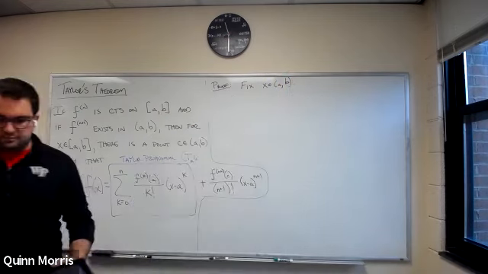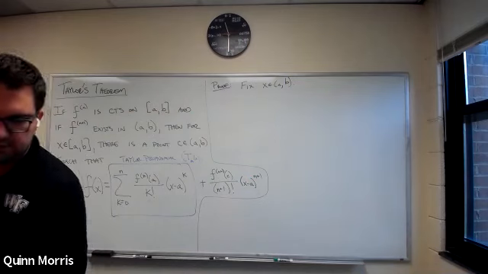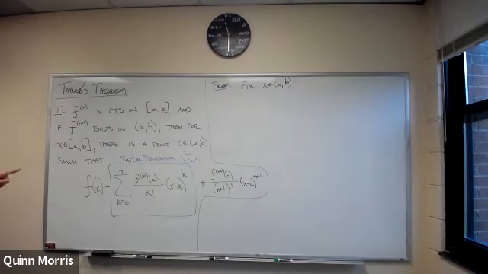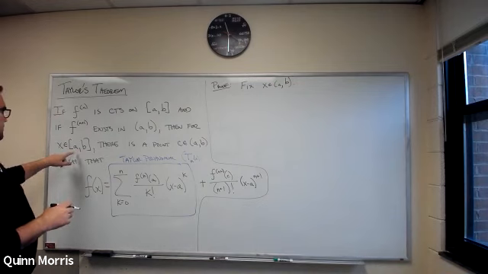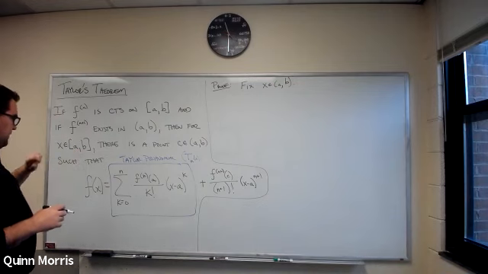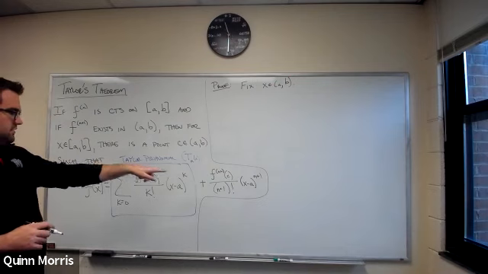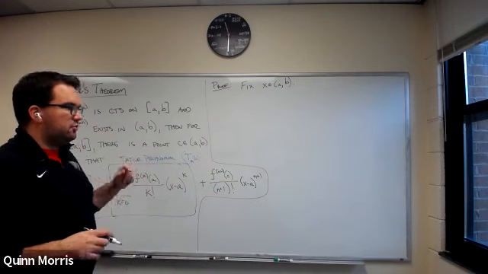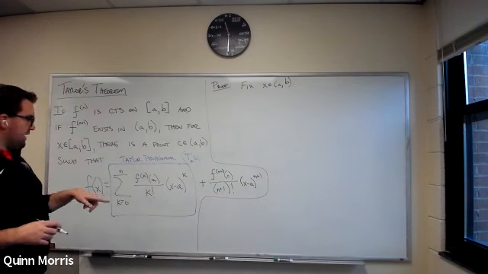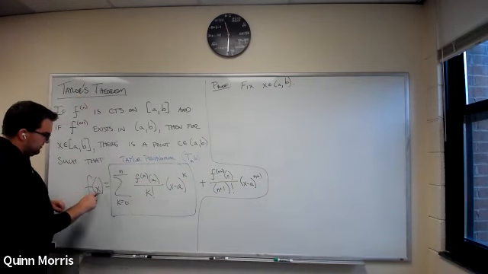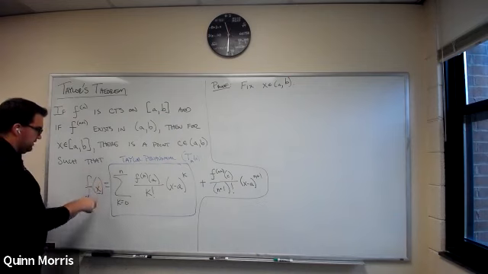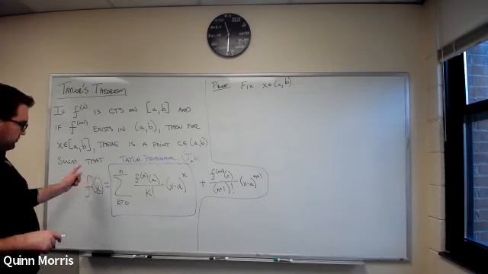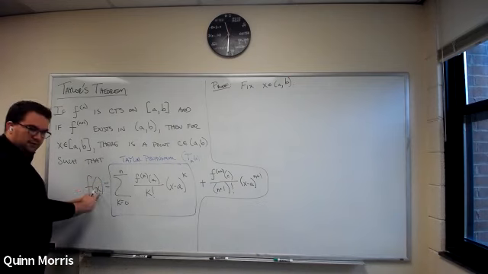Okay. So again, let me emphasize something here and make this clear. If I have an x in my interval AB, then there is this point C such that this holds. It's important to note that this x is fixed. So we actually shouldn't think of this left-hand side so much as a function, because my x value is fixed.